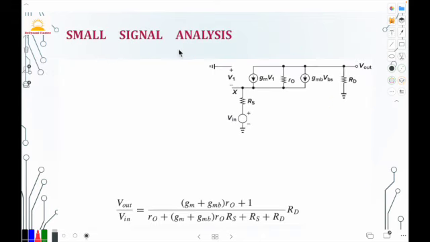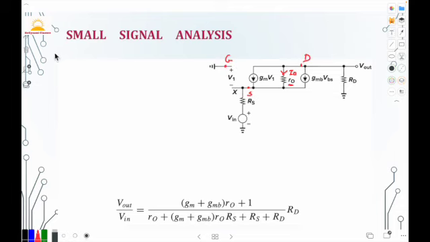Now the small signal analysis of the common gate amplifier. Here we have considered the channel length modulation resistance, and the current flowing through this resistance is I naught. Now applying KVL from gate to source first and then drain to source.